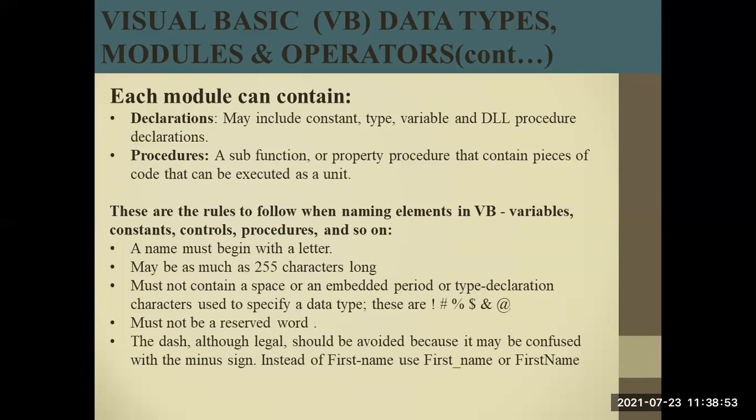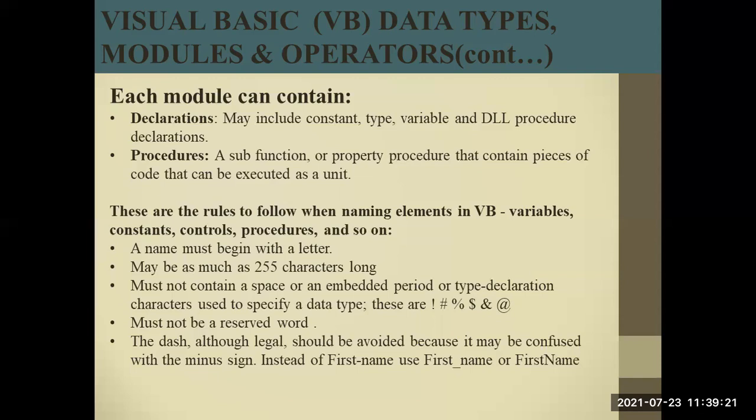The second one is the procedure. A procedure is nothing but a sub function or a property procedure, a separate piece of code that can be executed as a single unit.